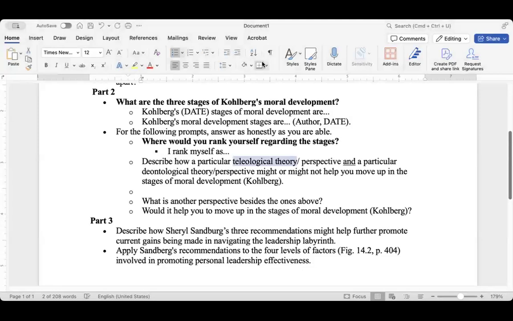So when we have a teleological theory, what that means is we're talking about a theory of morality. So you could have a number of different ones. The one that people are probably most familiar with off the top of their head would be utilitarianism, which is, well, we're trying to just make things work as well as we can.